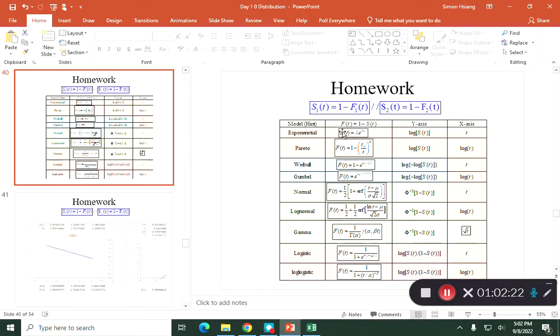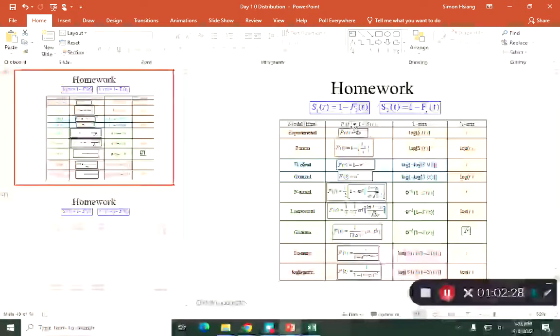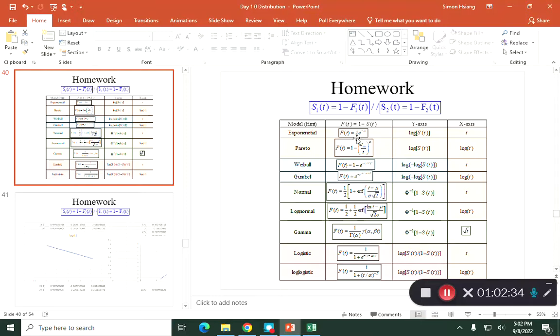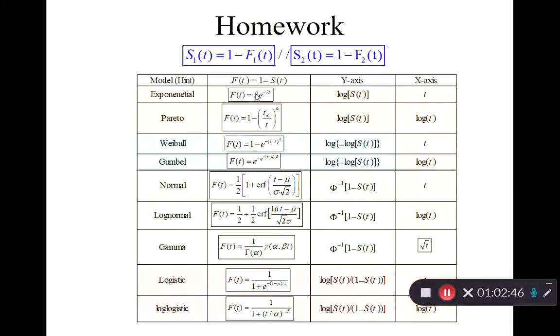The second thing is that here is a bunch of distributions we learned so far, from Wikipedia. You can find some. So the exponential looks like this, with lambda. Let me make it bigger. Would you agree with me?